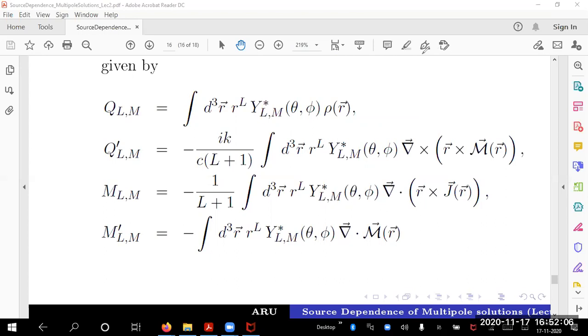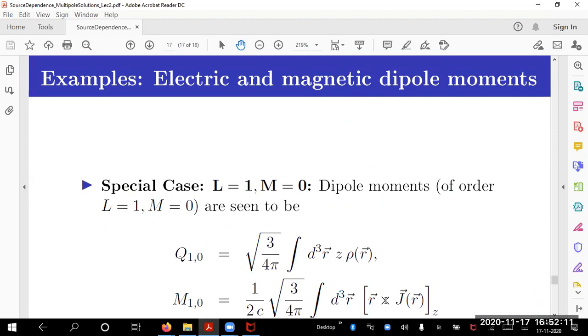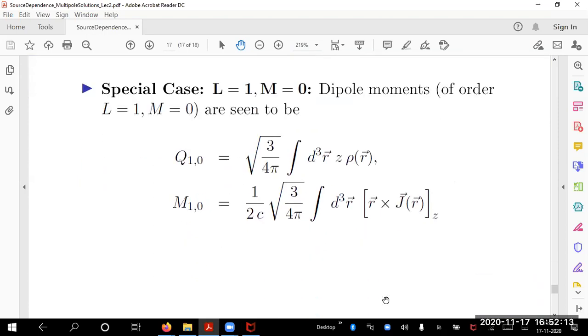Once you have this, fine, we have it. Let us take a special case of L equal to 1, M equal to 0. This is called a dipole, the dipole moment. L equal to 1 is a dipole. Correspondingly, I have Q10. You can see that Q10 is the integral d cubed r.